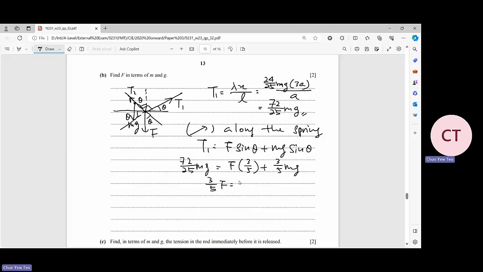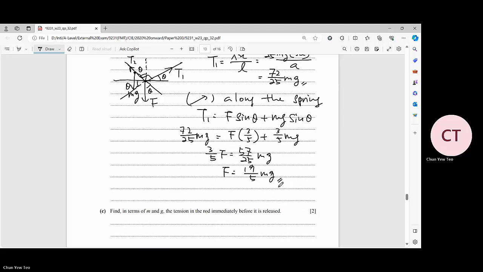Wait, sorry. 72 over 25 minus 3 over 5. Change it to fractions, 57 over 25. Then my F will be 19 over 5 mg. That will be my F.